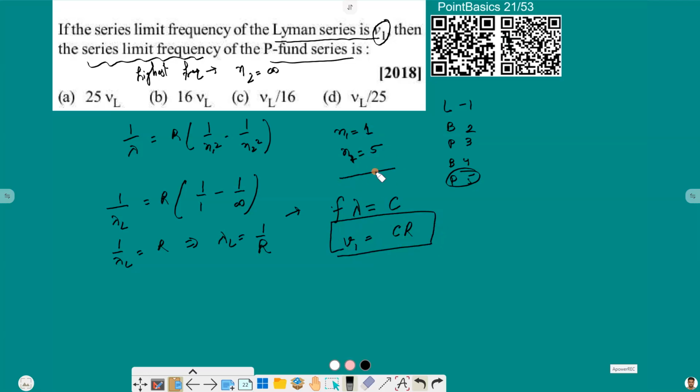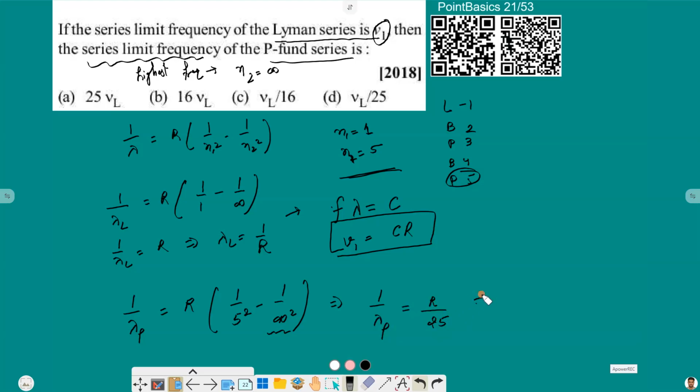Now let's calculate for the second case, that is for the Pfund series. So 1 by lambda P will be equal to R into 1 by 5 square minus 1 by infinity square. Again, this term will reduce to 0, and we will have 1 by lambda P is equal to R by 25.